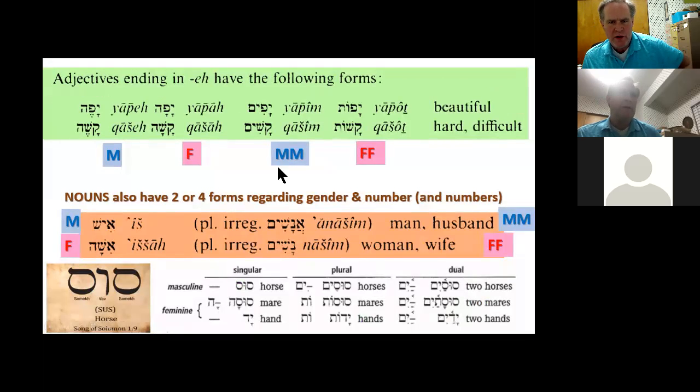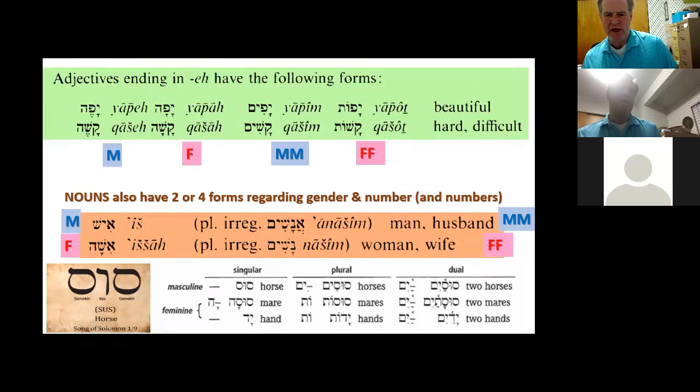All right, and adjectives that end in the eh, like yafe, goes to yafa, yafim, yafot, is the word for beautiful. So handsome or beautiful, that's that. For hard or difficult, kashe, kasha, kashim, kashot. Masculine singular, feminine singular, masculine plural, feminine plural.